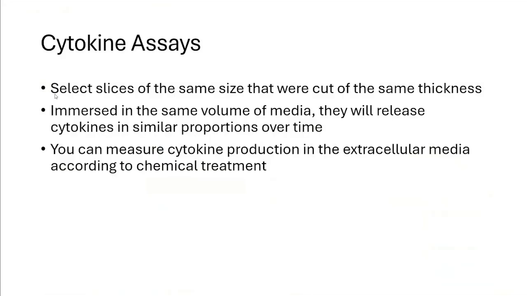Say, give the slice IL-13 or some cytokine, and then take the media and analyze it by ELISA to see what the smooth muscle tissue is extruding into the media. If you add IL-13, there may be downstream cytokines that are secreted by the tissue, and you can measure those by ELISA. And we've gotten good data by this technique.